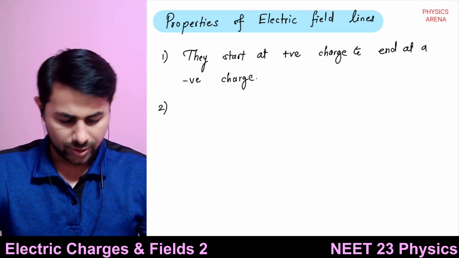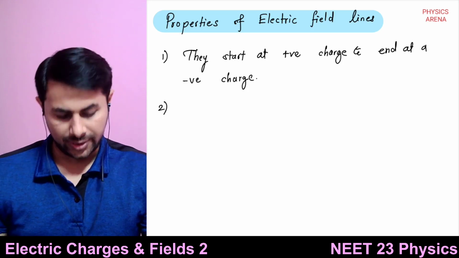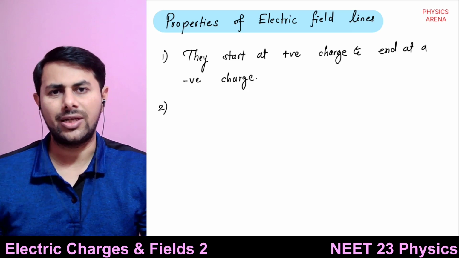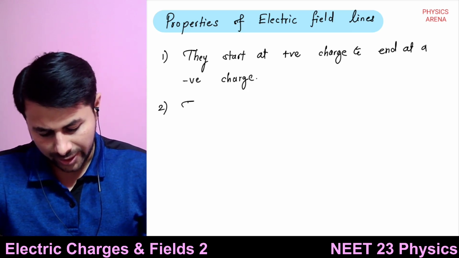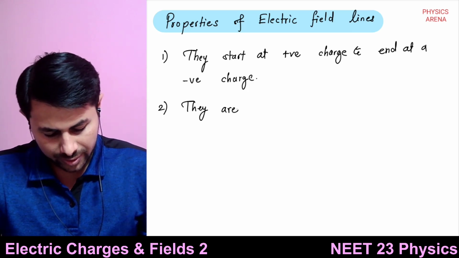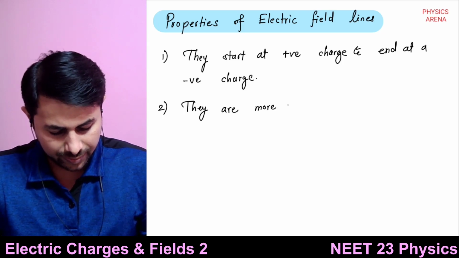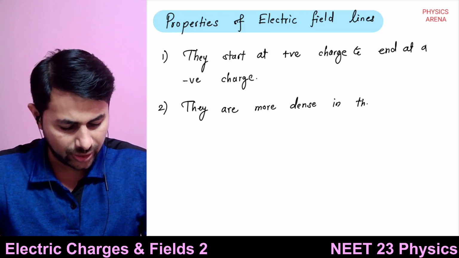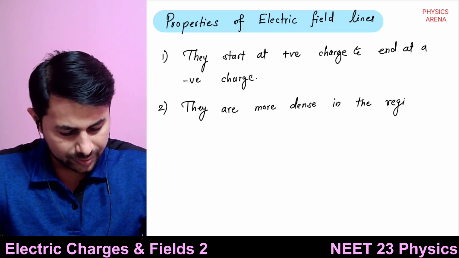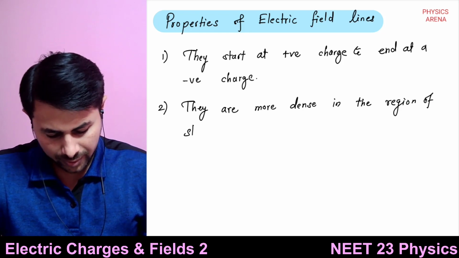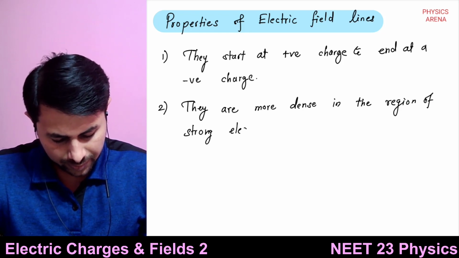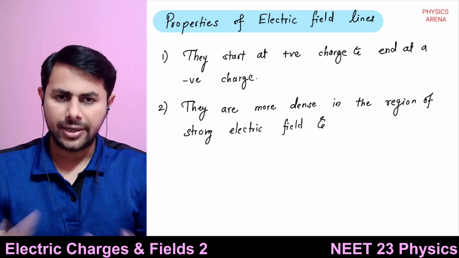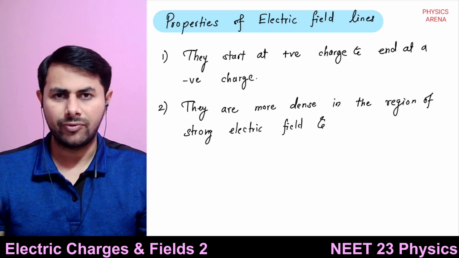Then they are dense in the region of strong electric field and they are separated in the region of weak electric field. So they are more dense in the region of strong electric field and they are separated in the region of weak electric field.